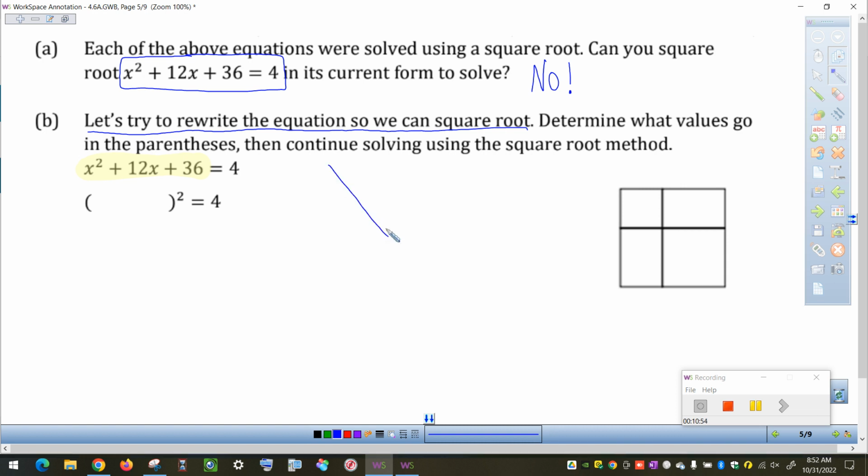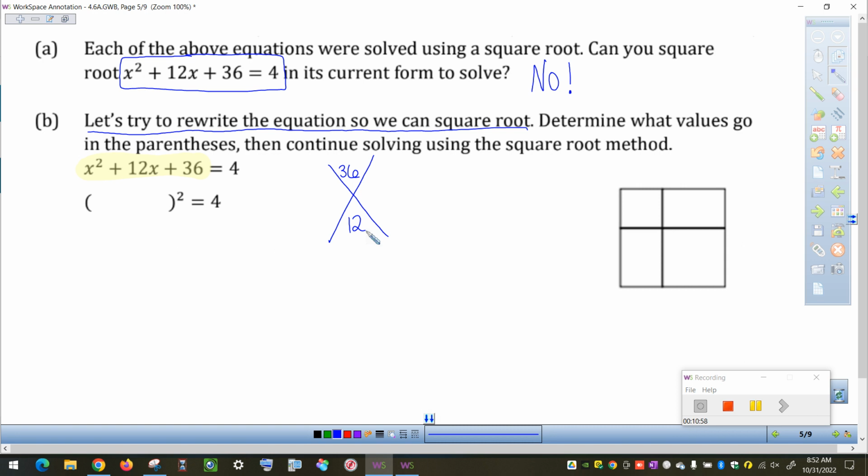Since it's a basic trinomial, we could go back and think about two numbers that multiply to 36 and also add to 12. Now the thing about these perfect square trinomials is that whatever these numbers are, in order for it to turn into this, it has to be the same number.